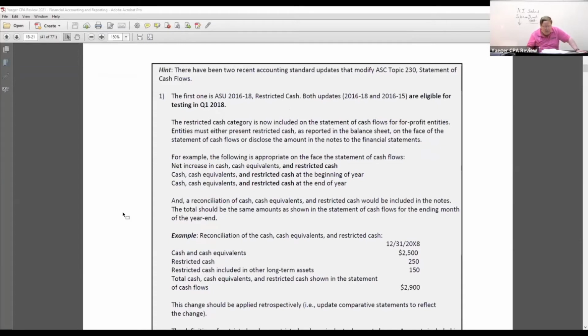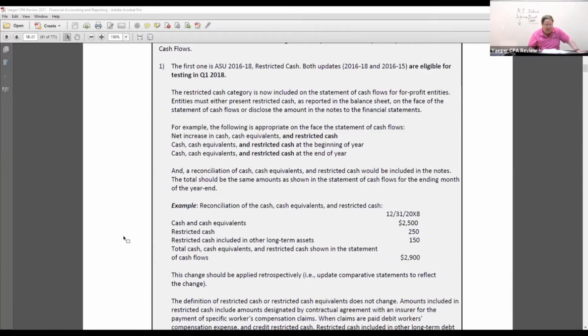But now, if you look at the second paragraph, we have a restricted cash category in the statement of cash flows for profit-making entities. Entities must either present restricted cash as reported on the balance sheet or on the face of the statement of cash flow, or disclose the amount in the notes to the financial statements. For example, the following is appropriate on the face of the statement of cash flow.